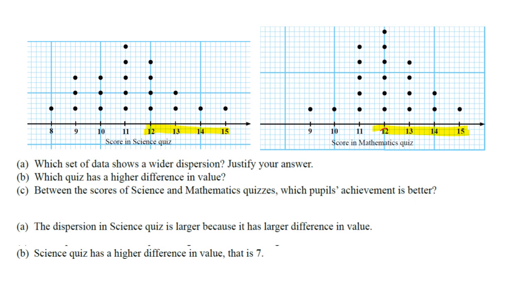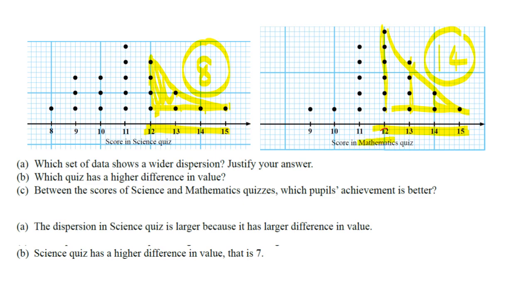But look at the distribution of the data here. This one only 1, 2, 3, 4, 5, 6, 7, 8. 8 students only. But here, how many students? 6, 10, 4, 10. This one, how many? 14.